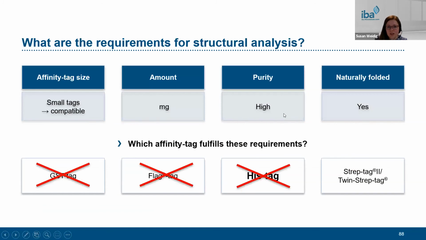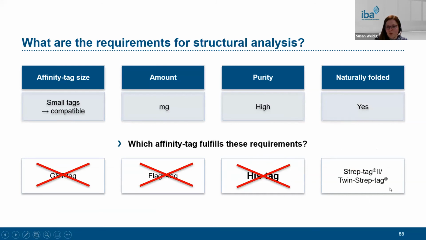So the his tag, as you know, I would not recommend it if you plan structural analysis afterwards.